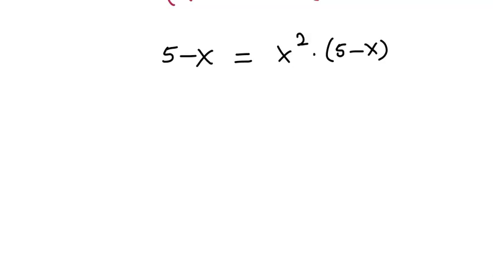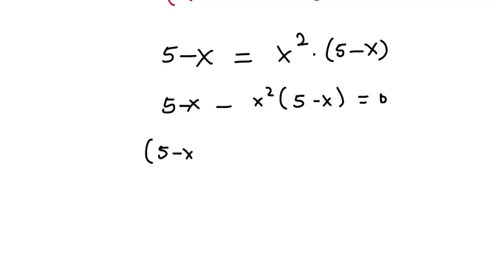Okay, now from here we can actually obtain a quadratic equation, right? Or we can easily do something very meaningful. And what is that? 5 minus x squared into bracket 5 minus x. This is equal to 0. And from here you see that 5 minus x is common.